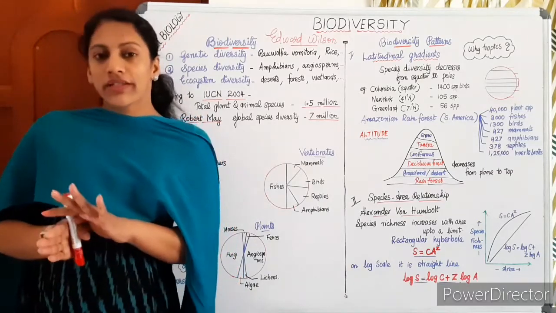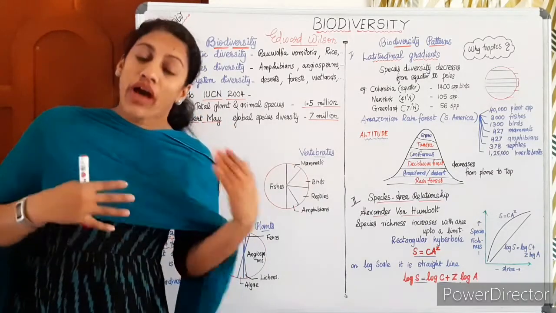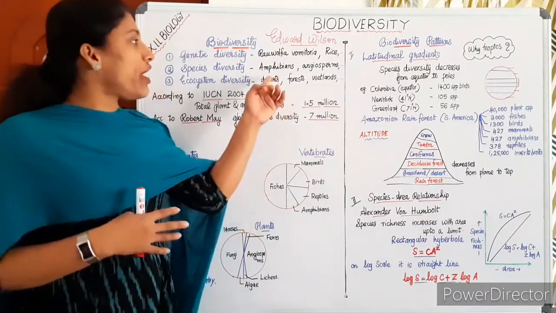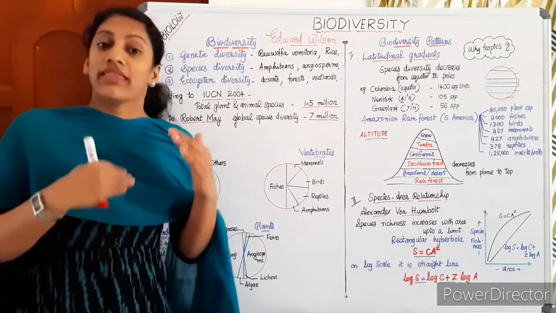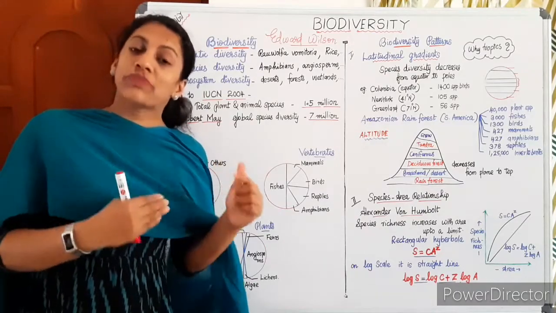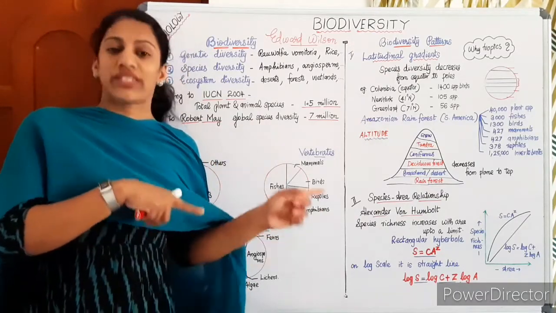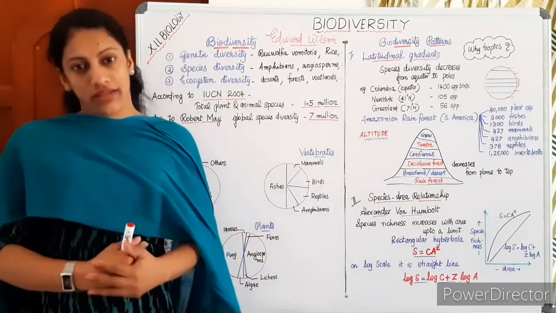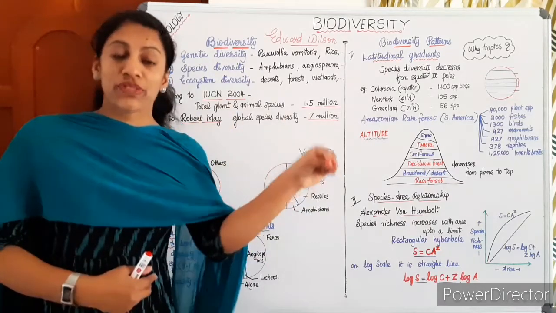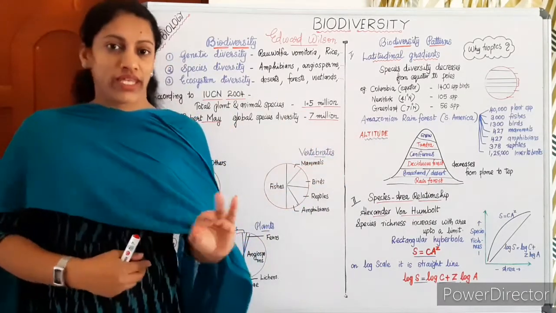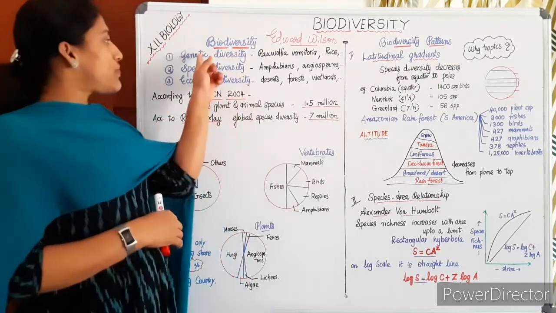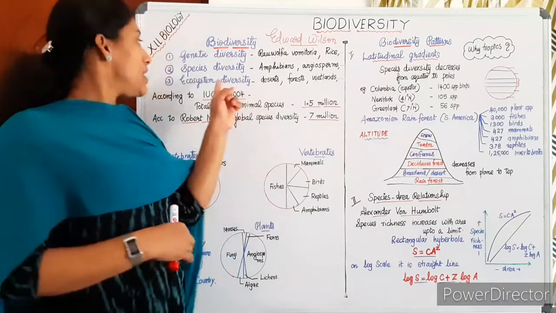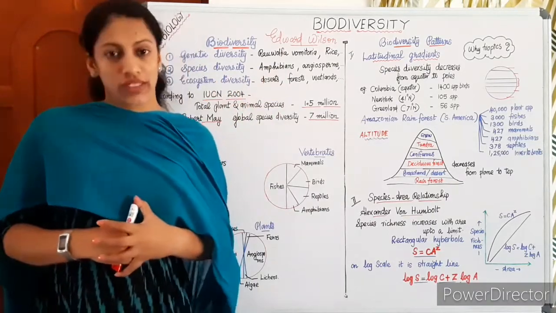Compared to the Eastern Ghats region, the Western Ghats have higher species diversity of amphibians and angiosperms. That means there are more different types of species in the Western Ghats compared to the Eastern Ghats. It is the number of different types of species, not the variants, at a specific level. This one is genetic level diversity, this one is species level diversity.